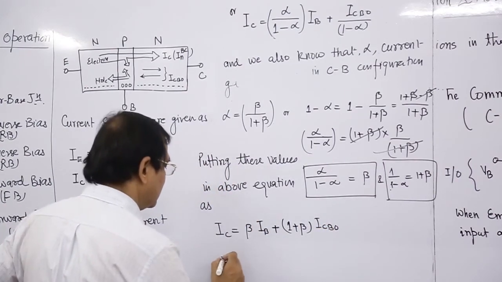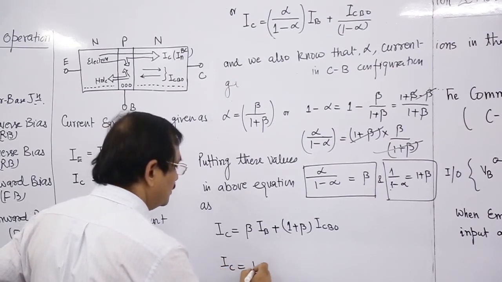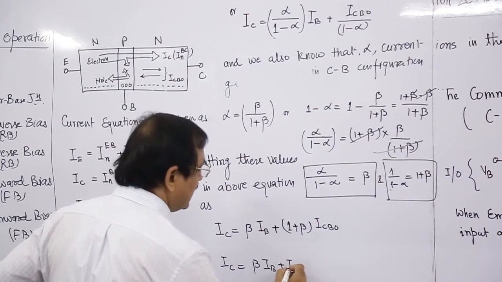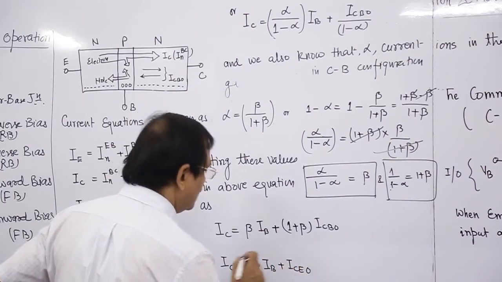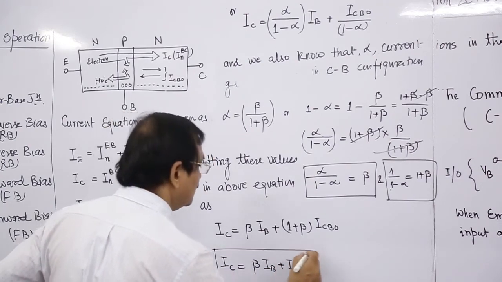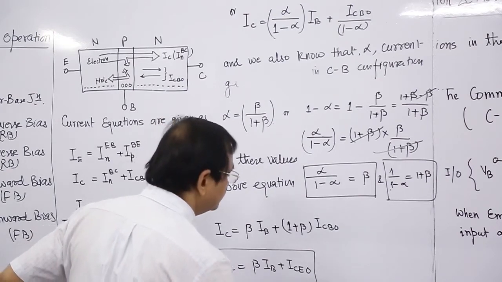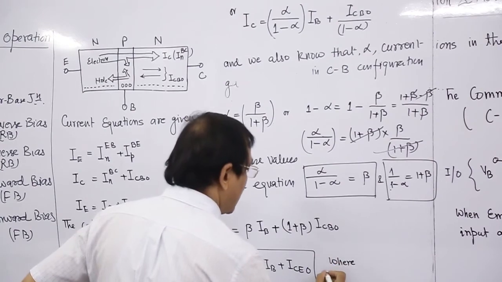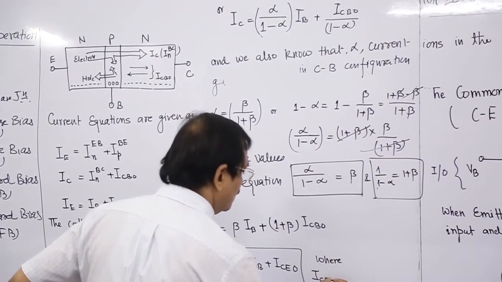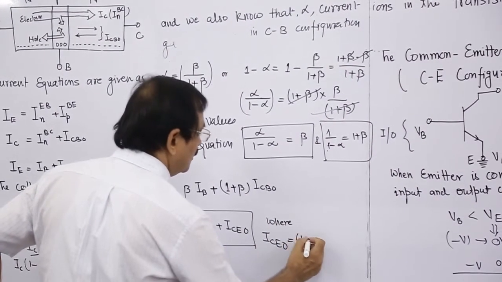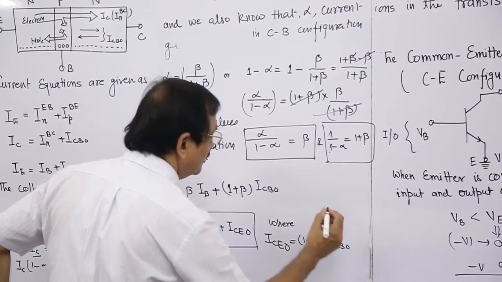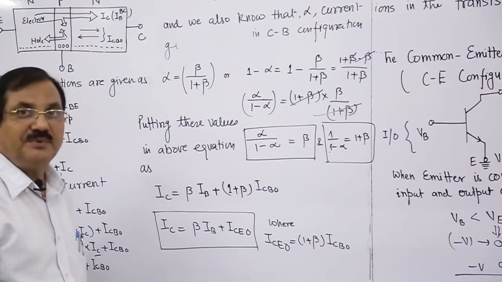So IC is equal to beta IB plus ICEO, where ICEO is equal to 1 plus beta times ICBO.